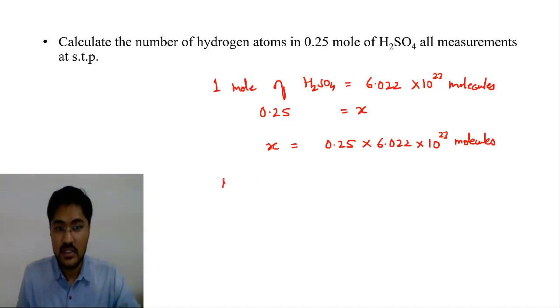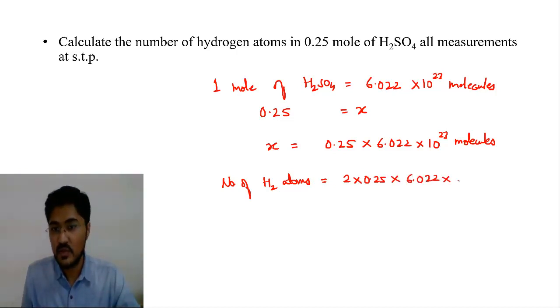So the number of hydrogen atoms will be 2 into 0.25 into 6.022 into 10 raised to 23, which will come down to 0.5 into 6.022 into 10 raised to 23 atoms.